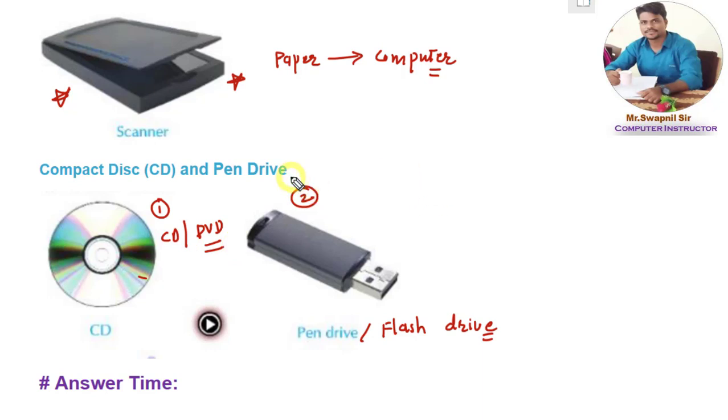Remember dear student, in cultural activity program, you guys bring your songs and pictures in CDs and pen drives. So these devices are used to store pictures and your songs, videos, means all of data. Okay, and here is one more device called hard disk, which is present in your computer. It is also used to store the data.